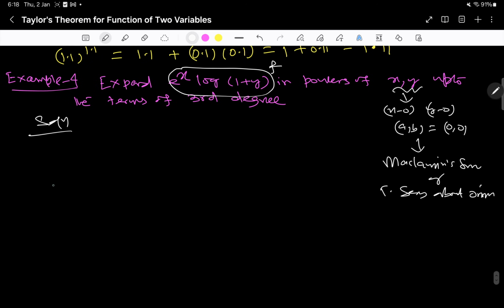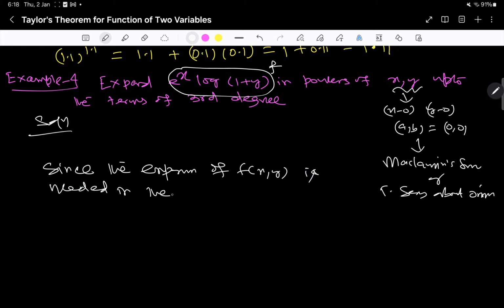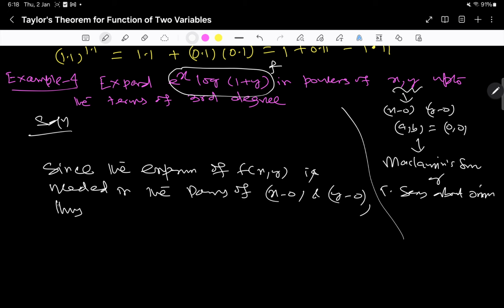So coming to the solution here, since the expansion of f(x,y) is needed in the powers of x minus 0 and y minus 0, thus it is the Maclaurin series of the following form.